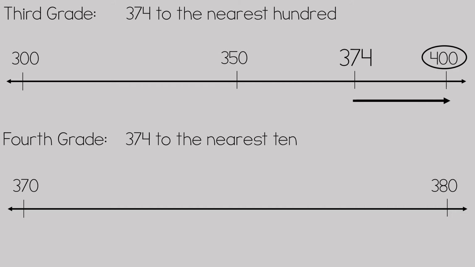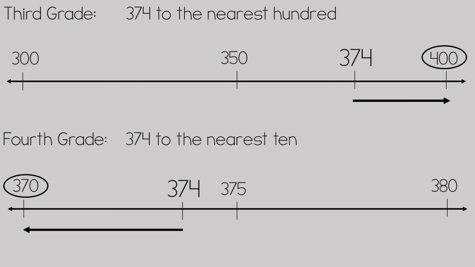The students would then place the midpoint on the number line, which in this case is 375. The students would then plot 374 on the number line to see if it rounds to 370 or 380. 374 is closer to 370, so 374 rounded to the nearest 10 would be 370.